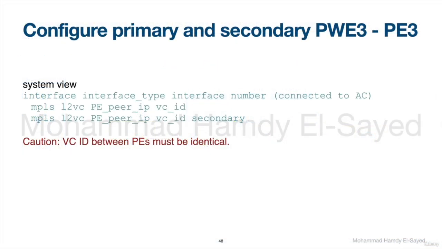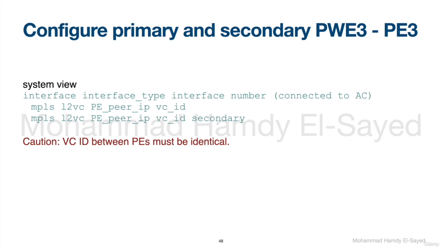To summarize what we've done in the lab, we configured primary and secondary PWE3 from the PE3 device. We specified the interface going to the service node, and then we configured this service interface with two VCs using MPLS L2VC and the target PE device, then the VC ID.